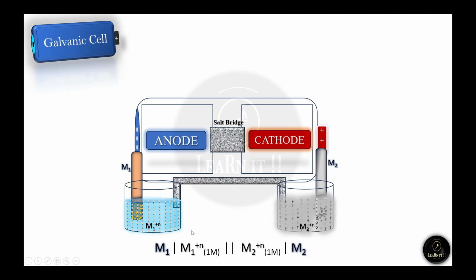The cell is represented as M1, the material of the anode, in contact with M1 raised to plus n, whose concentration is 1 M. It is connected to a salt bridge, which is in contact with M2 raised to plus n, whose concentration is 1 molar, and which is in contact with metal 2.